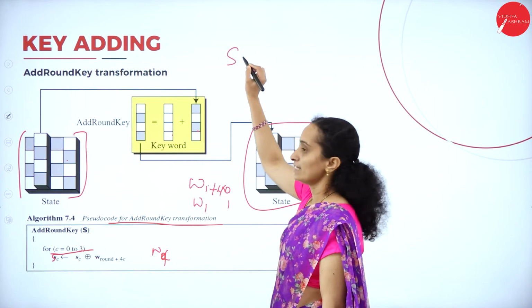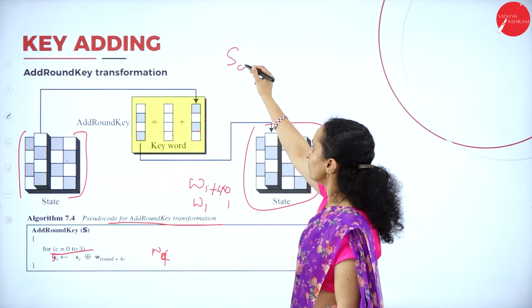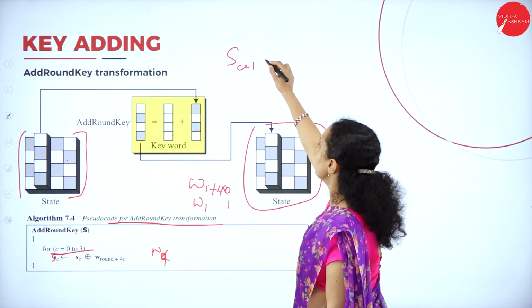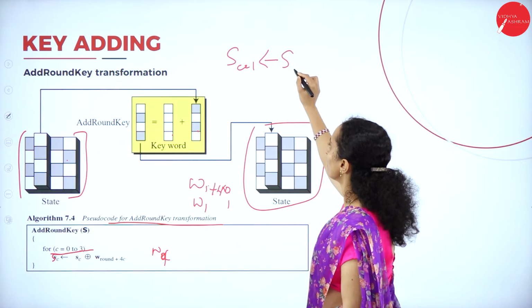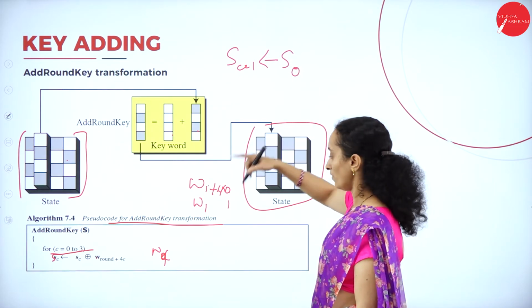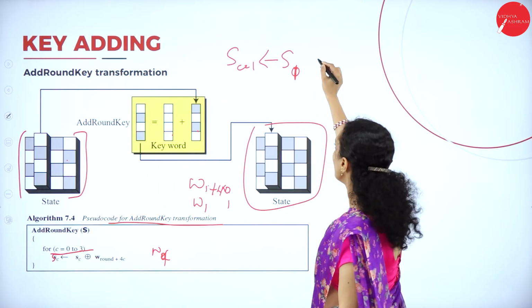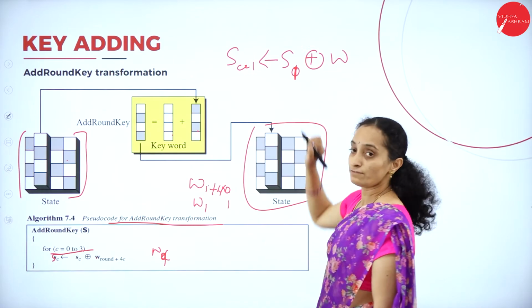Suppose the state column SC value is 1, that is column value 1. You can XOR S1, with C equals 1, with the word. Which word?